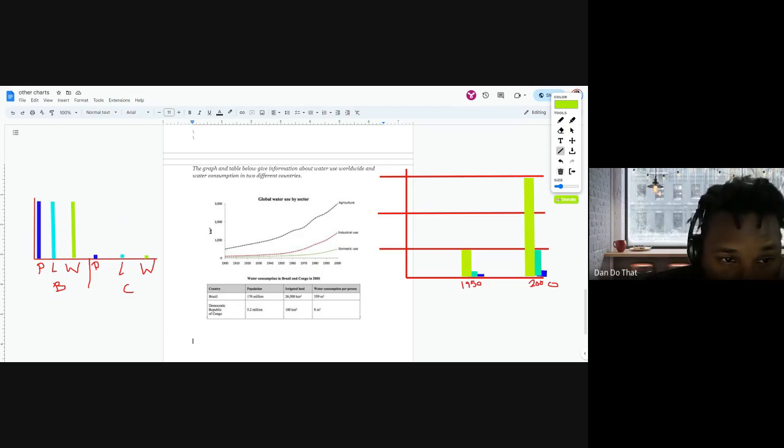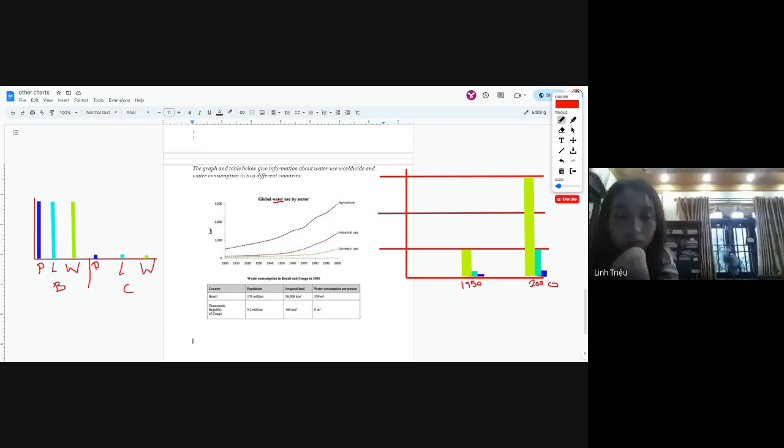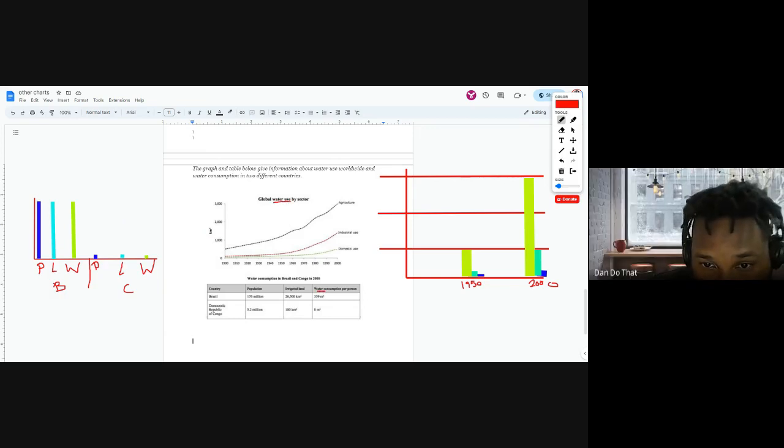All right, so we have our two charts. Now, all you have to pay attention to here: this chart is about water use, water consumption. Those are the same.